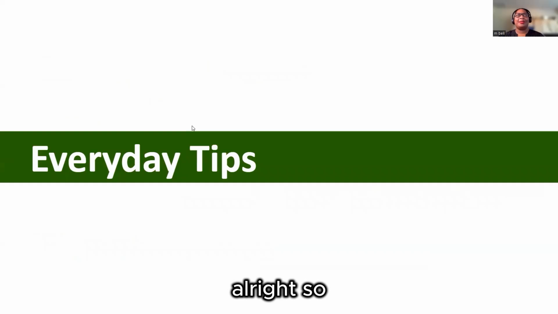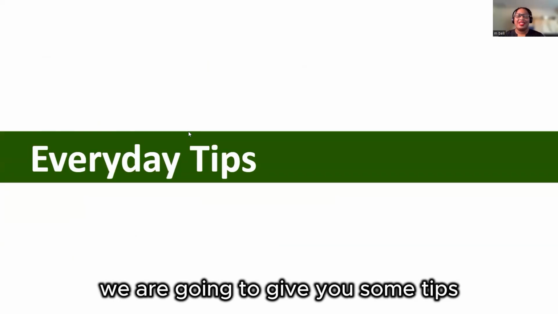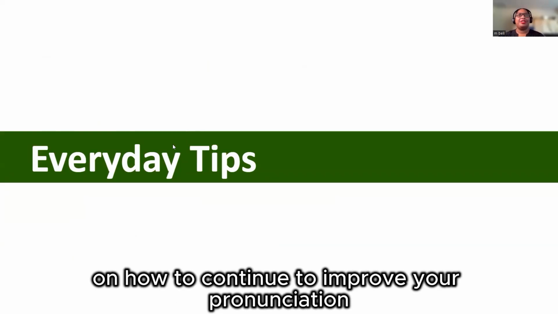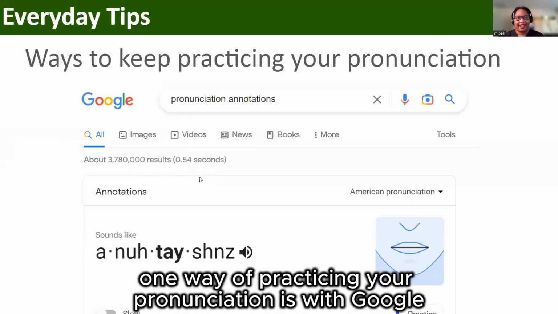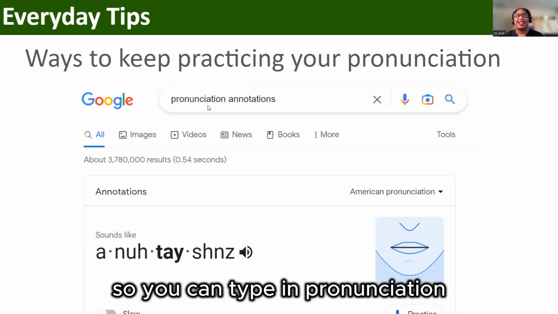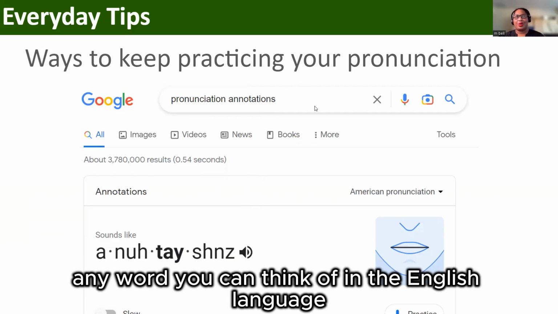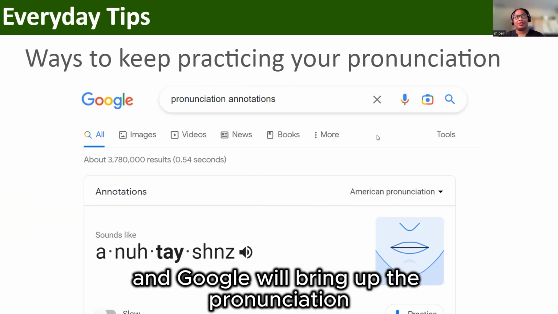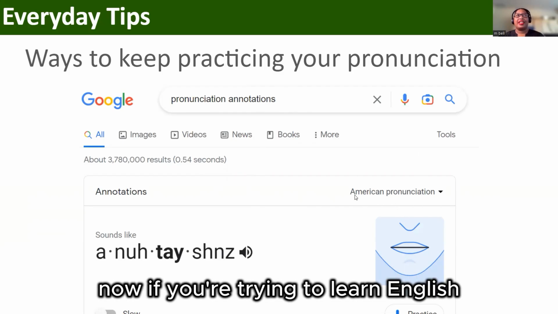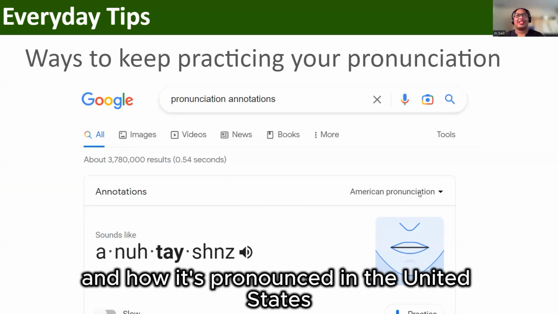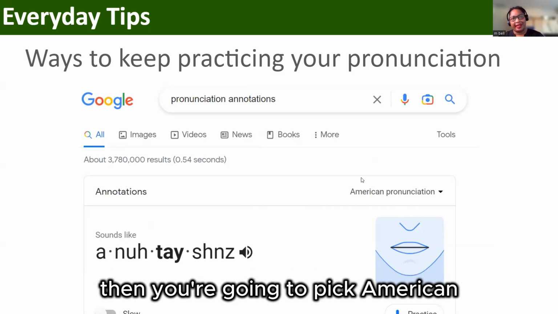All right. So we are going to give you some tips on how to continue to improve your pronunciation. One way of practicing your pronunciation is with Google. You can type in pronunciation and then any word you can think of in the English language, and Google will bring up the pronunciation. If you're trying to learn how English is pronounced in the United States, then you're going to pick American.